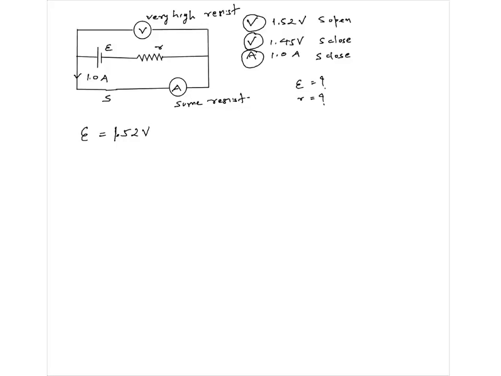Now, the voltmeter reading is the potential difference across these 2 points. Okay, so let's start from B, go towards A.